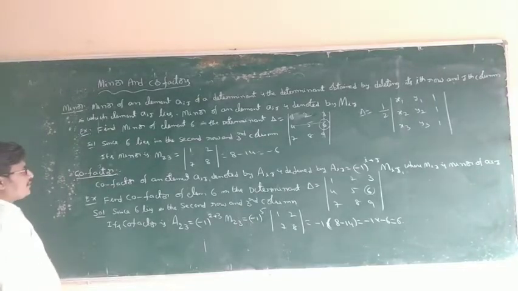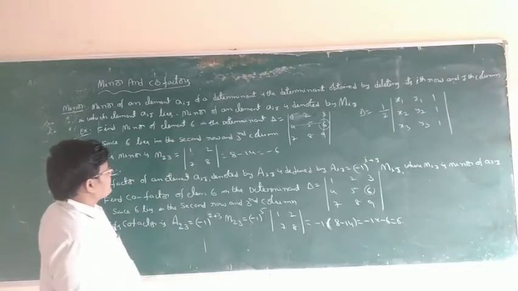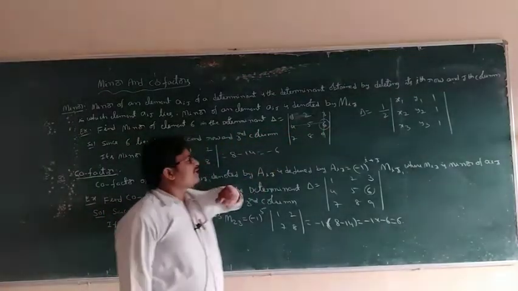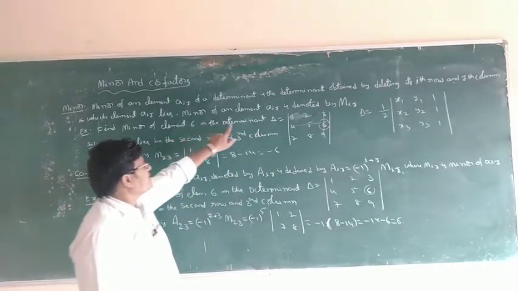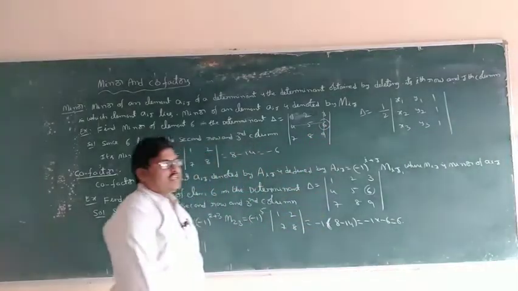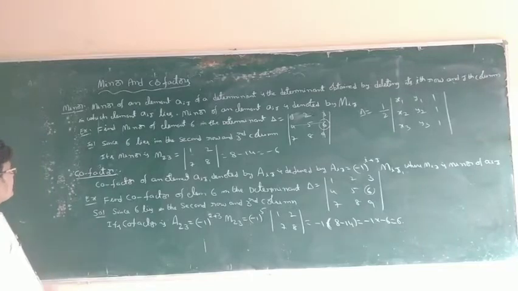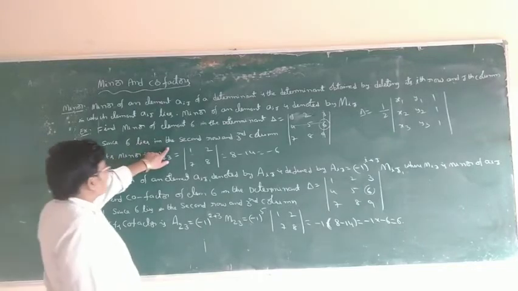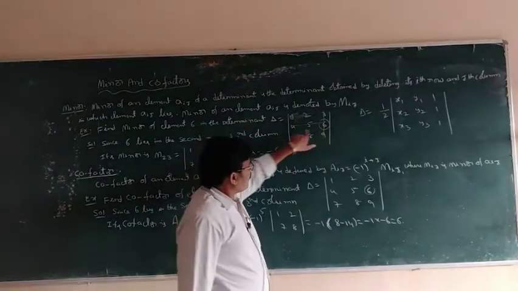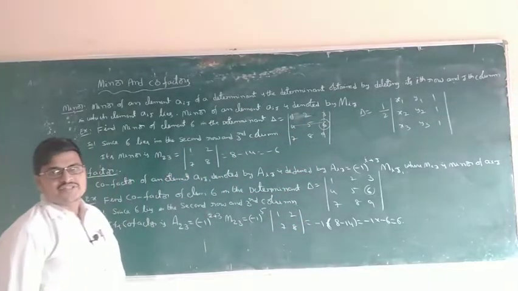Okay, take one example. Find the minor of element 6 in the determinant. Element 6 lies in the second row, third column.